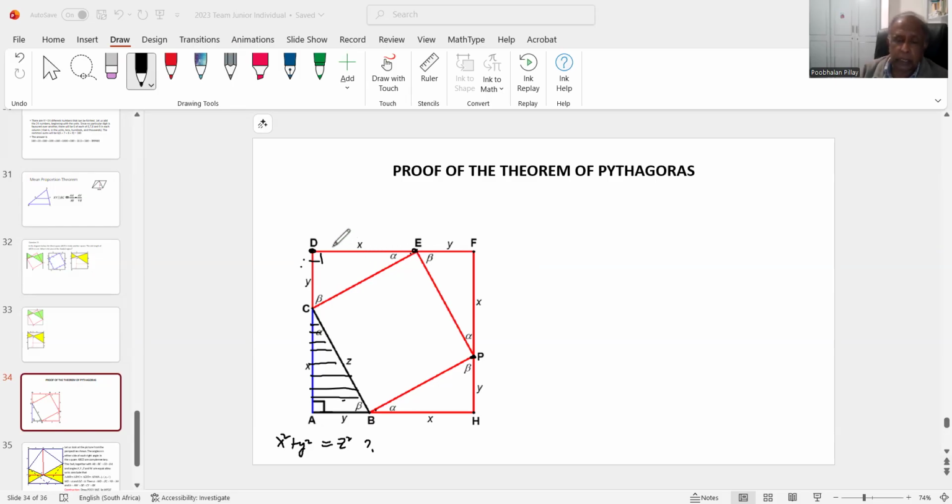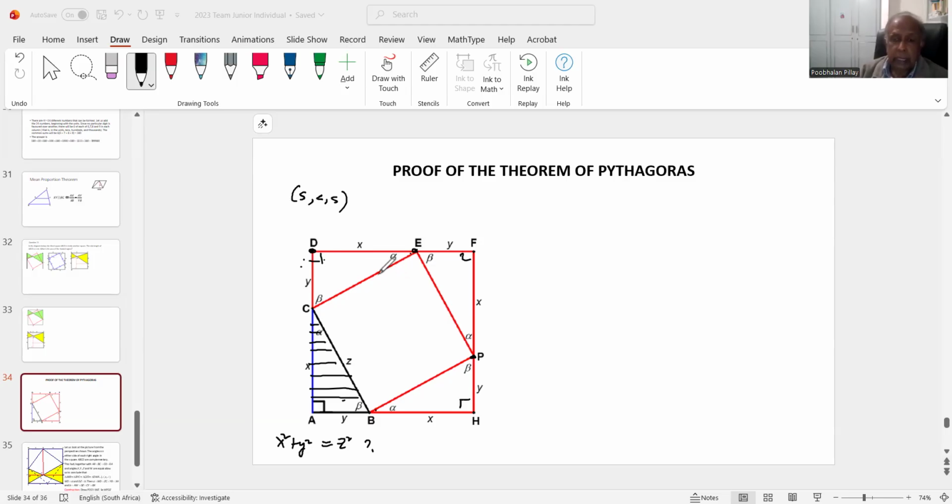You got these four triangles are congruent because this time you got side angle side: x, y, 90 degrees, x, y, 90 degrees, x, y, 90 degrees, and x, y, 90. So these four triangles are congruent, right?